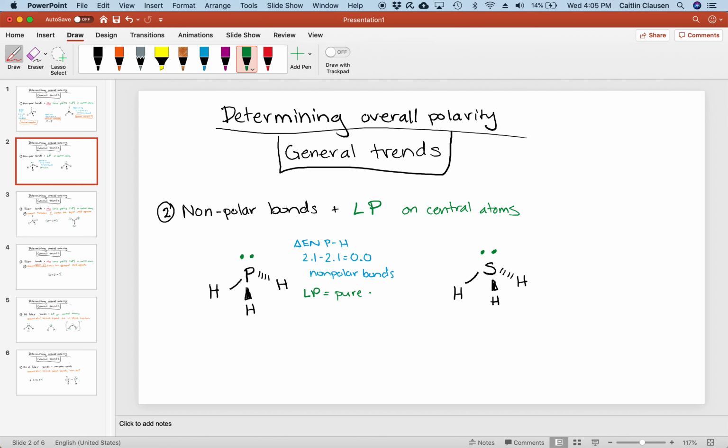Lone pairs, you can think of them like pure electronegativity. So they're going to cause a shift of electrons towards the top of the phosphorus in this trigonal pyramidal shape. So you would consider this overall polar toward the lone pair, despite the fact that all the bonds are nonpolar.